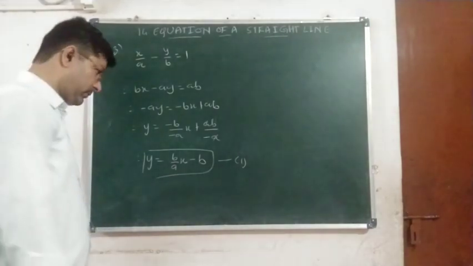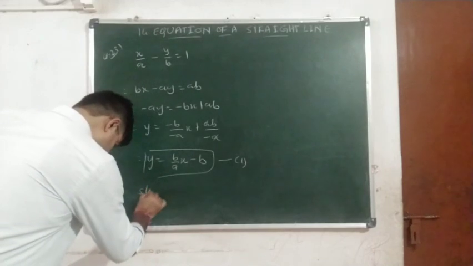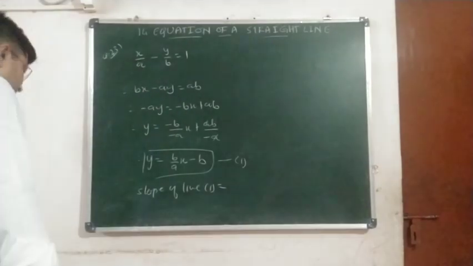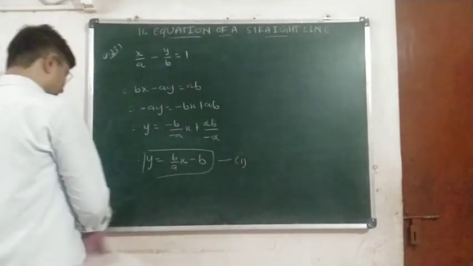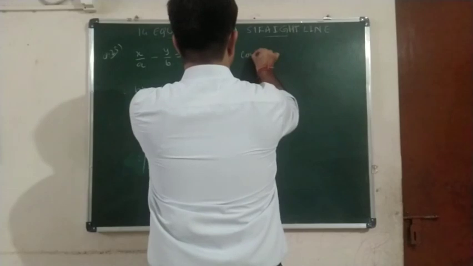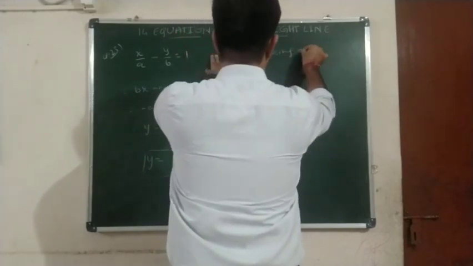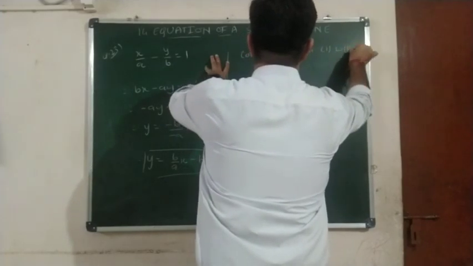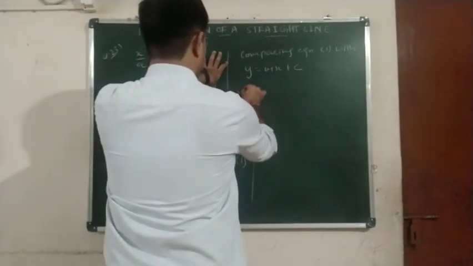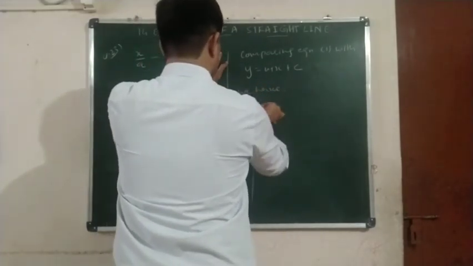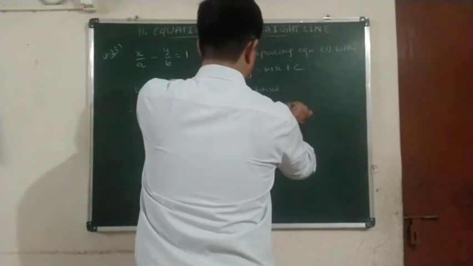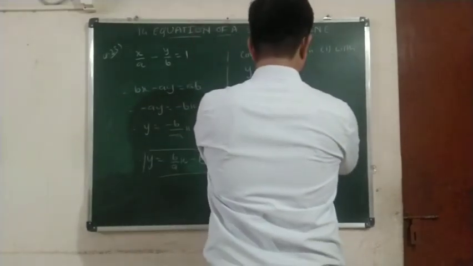Now slope of line 1. Comparing equation 1 with y is equal to mx plus c, we have slope m equals b by a.